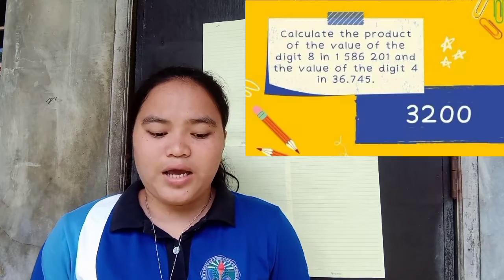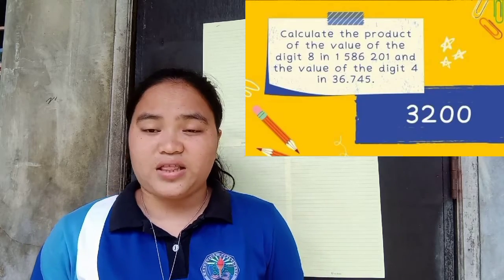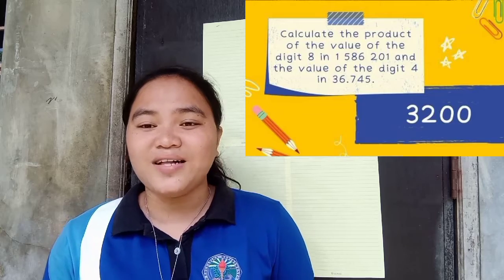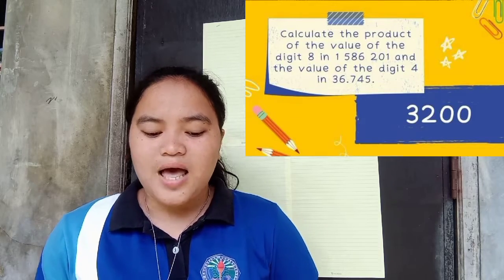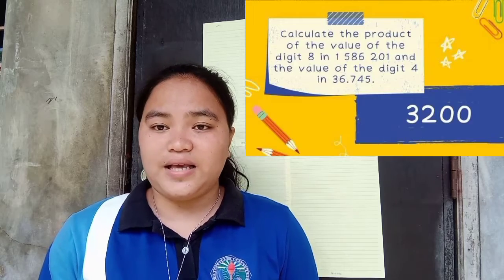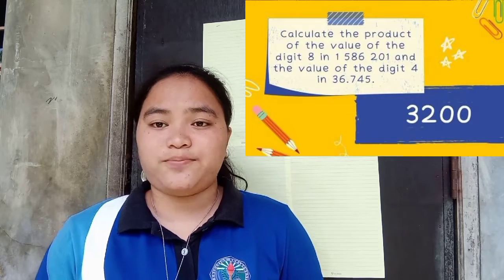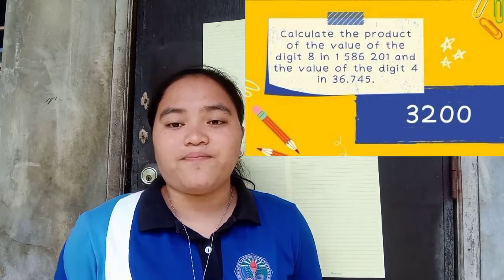Now, our next question is calculate the product of the value of the digit 8 in 1,586,201 pesos and the value of the digit 4 in 36.745. Now, before we proceed to our solution, let's get first the given number.